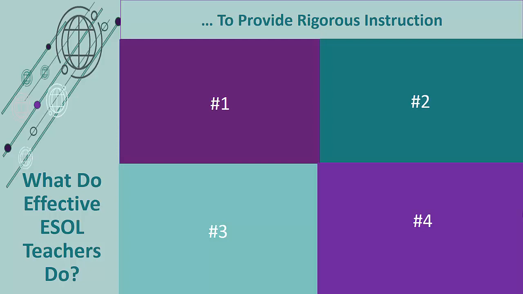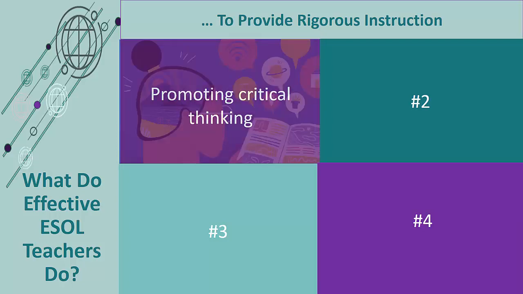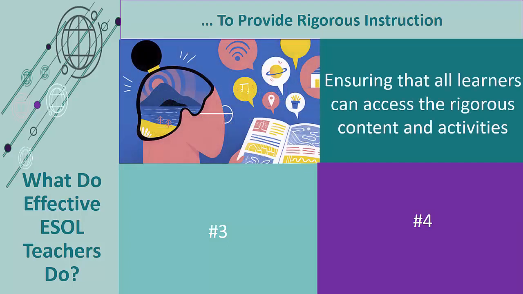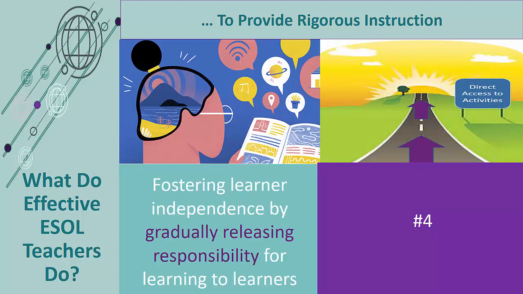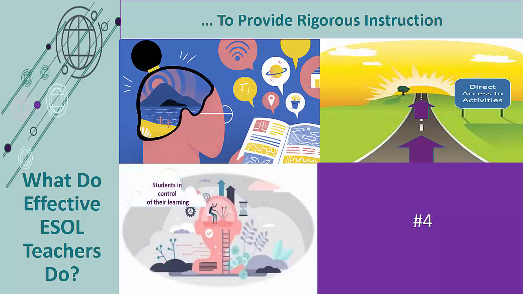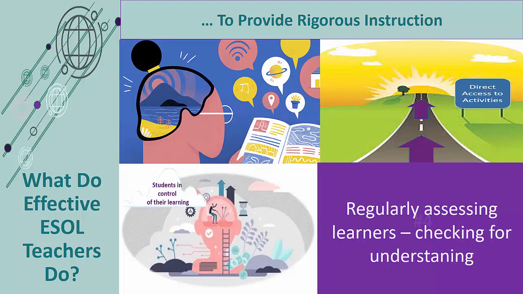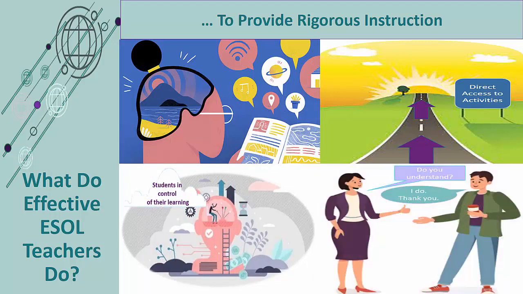So effective teachers provide rigorous English language instruction to prepare them by promoting critical thinking, ensuring that all learners can access the rigorous content and activities, by fostering learner independence by gradually releasing responsibility for learning to the learners, and by regularly assessing learners, checking for understanding before moving on. Let's take a closer look at each of these instructional practices.